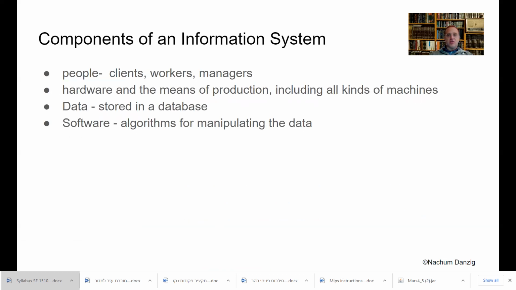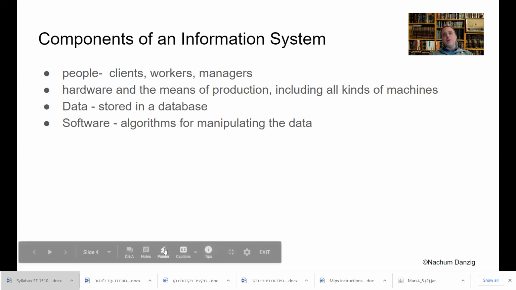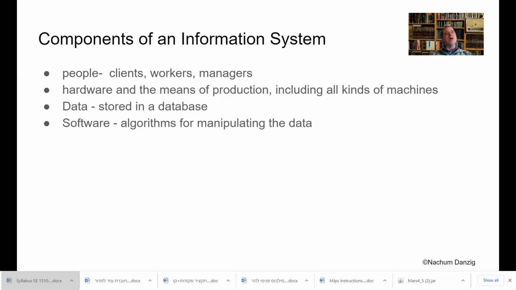Now, there's a certain kind of software system which is called an information system. There's actually a degree you can get, a Bachelor of Science in Information Systems, which I would say is kind of a less math-heavy and less rigorous kind of computer science. Information systems are systems that are designed to maintain data or information.